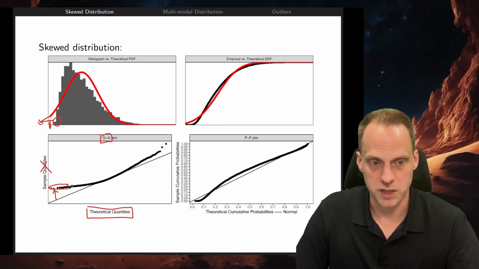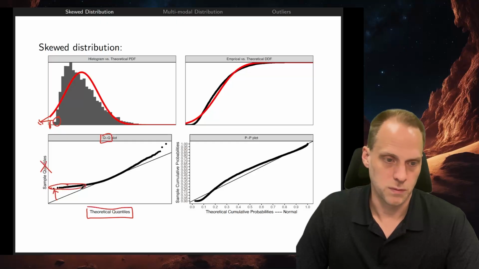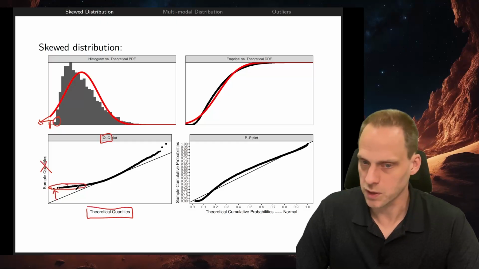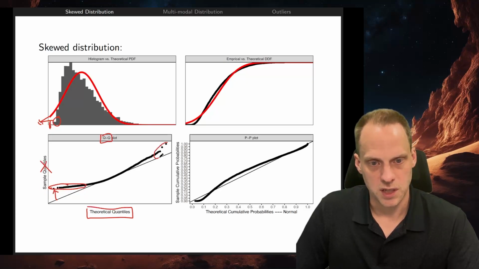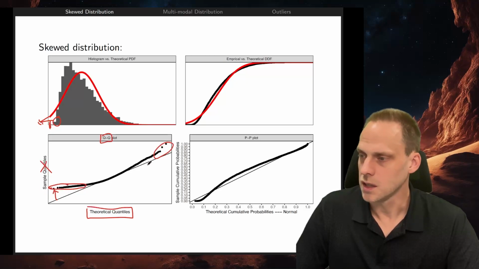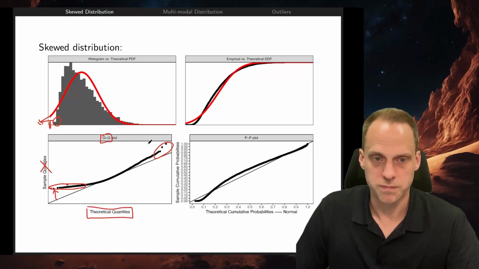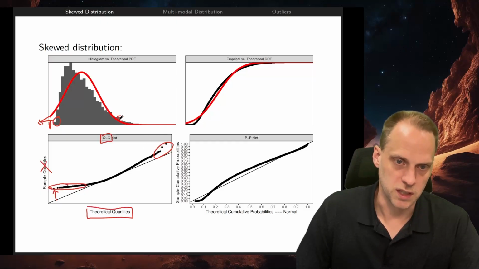So here we see that there seems to be some sort of lower bound, because the sample values at some point stop going down, or I would have expected them to go down. What do we see here? Again, sample values being higher than we expect according to the theoretical distribution. And that's actually these points over here.